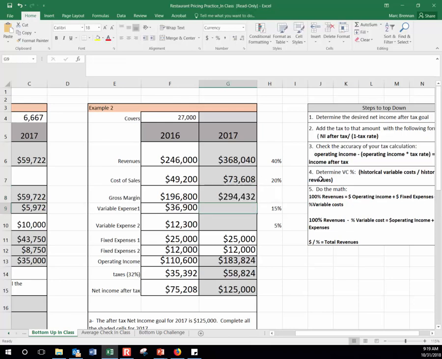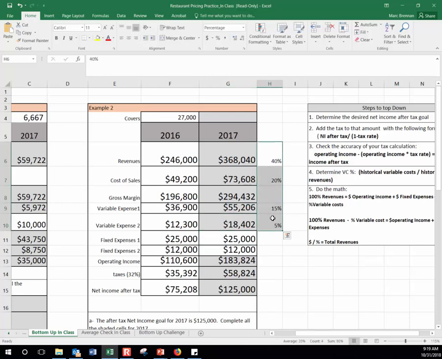Then for my variable expense 1, it's going to be my total revenues again. Remember, it's that common size analysis. We're going to multiply by 0.15 because variable expense 1 is 15% of total revenues. And then we're going to multiply again my total revenues times the 5% for this variable expense.